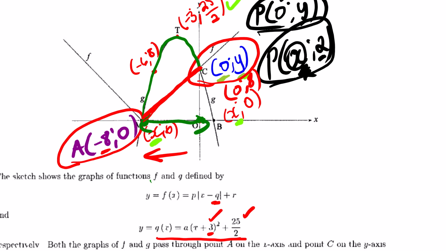So the equation of d might be something like this, or like this, or like this. It doesn't matter, but what we need to take note of is that we need to be careful. Take note that graph g is on top of graph f.